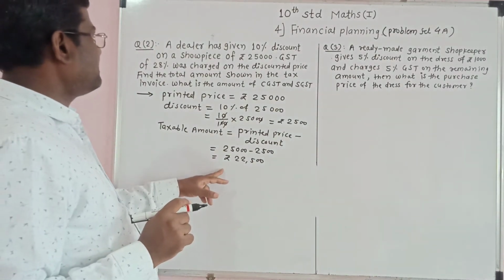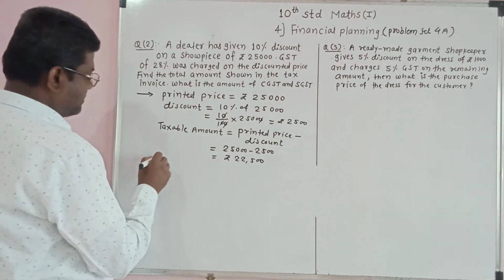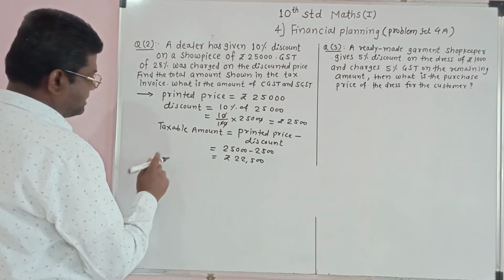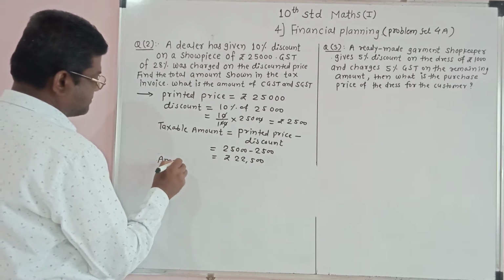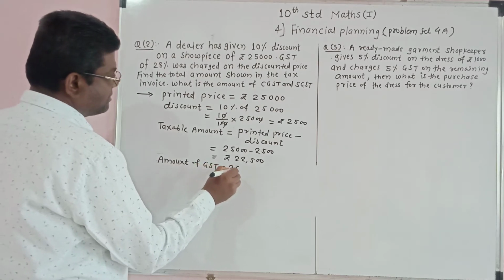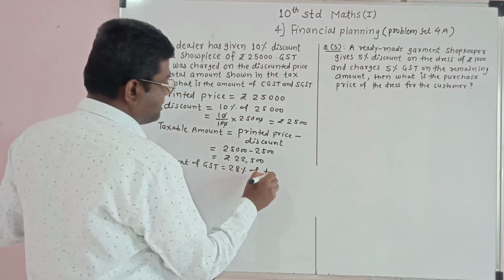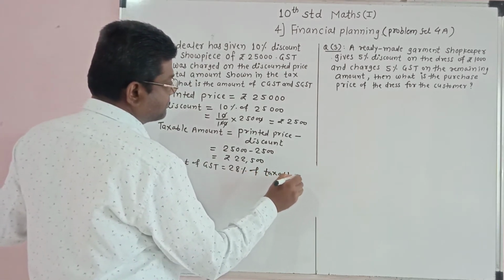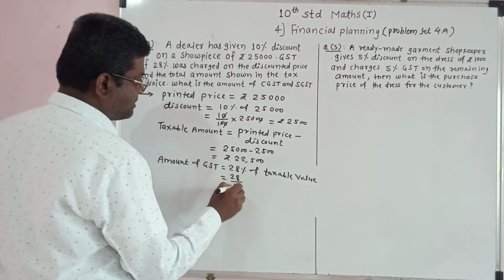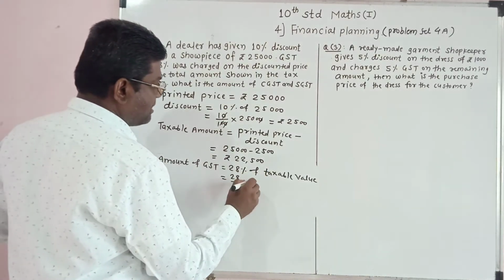Now on this taxable amount 28% GST was charged. Therefore, amount of GST is equal to 28% of taxable value, which is 28 upon 100 into taxable value.